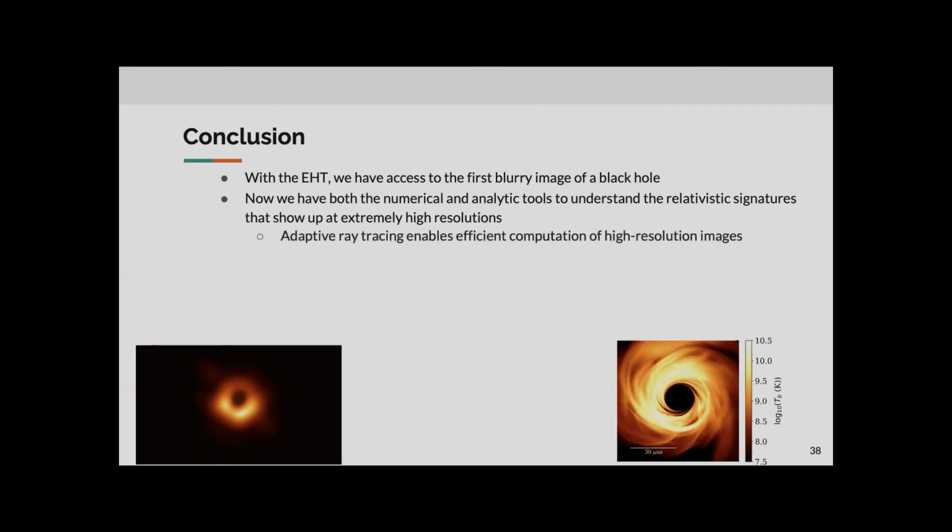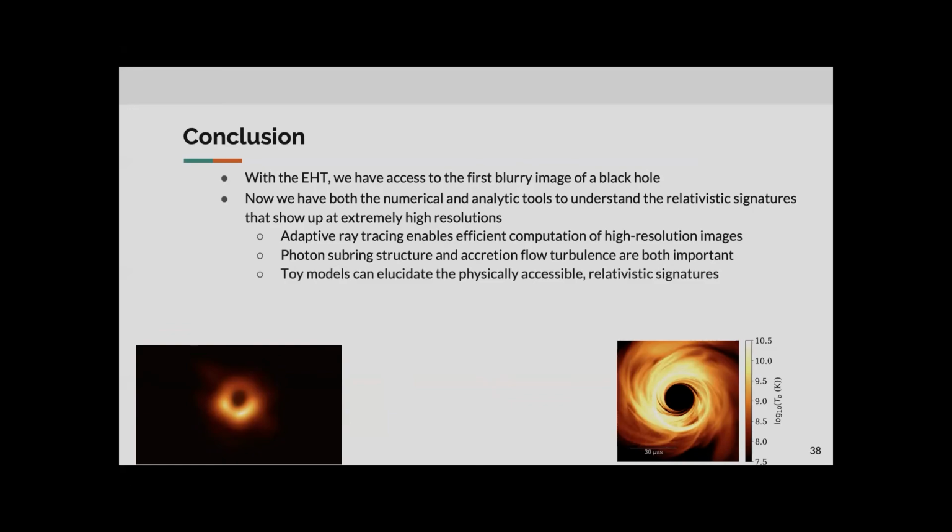So we did this using an adaptive ray tracing mechanism that enables efficient computation of high resolution images and allows us to probe the photon subring structure as well as the structure of the turbulent accretion flow, both of which are dynamically important and contribute to the structure of these lensed images.